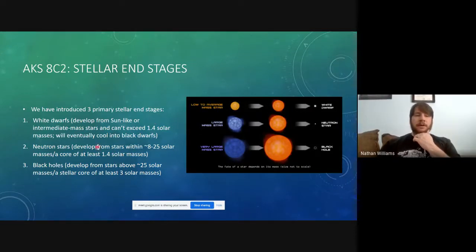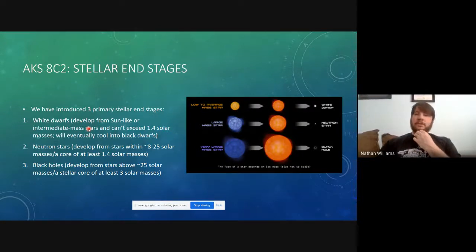And again, one of them here, you can see we've got white dwarfs. We've been talking about white dwarfs because that came up in one of our first lessons in this unit on sun-like stars. A white dwarf, at least in this context, is what comes out of a sun-like star when it ejects its outer layers to form a planetary nebula, and the core itself is what converts into a white dwarf.